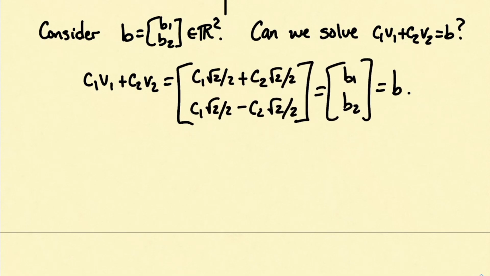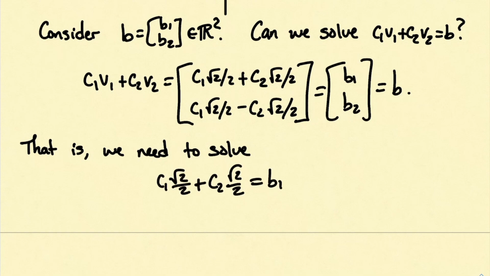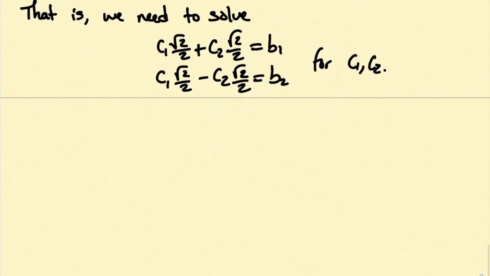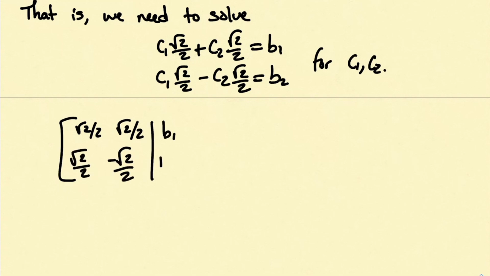In order for these two vectors to be the same vector, they need to have exactly the same coordinates. To solve for the weights, we need to find c1 and c2 that therefore satisfy the two equations, but this is exactly a system of two equations and two unknowns. So the answer to our question lies entirely in the consistency of a linear system.